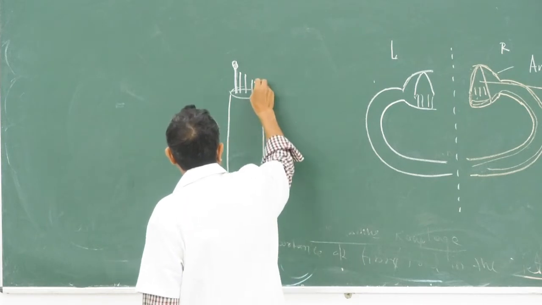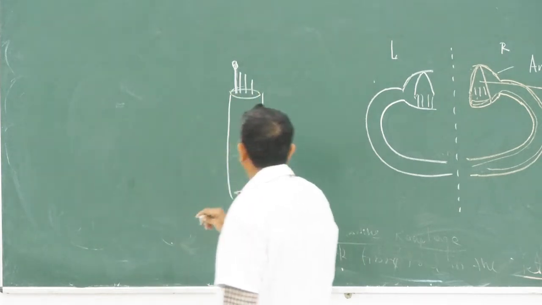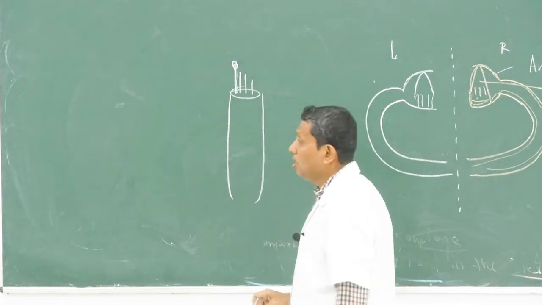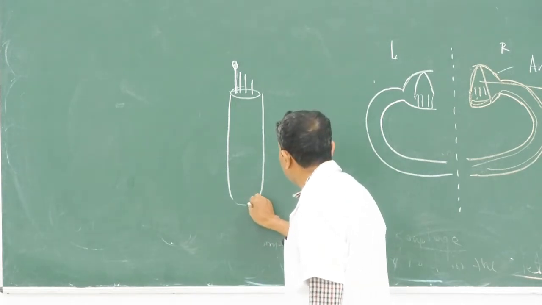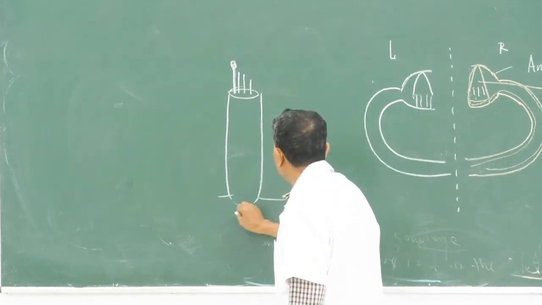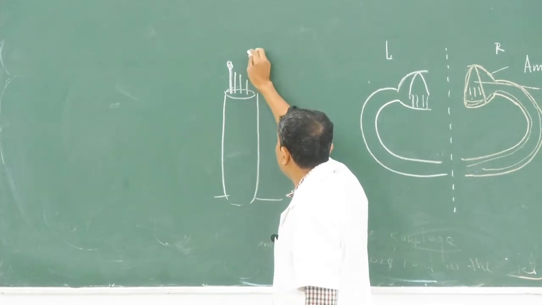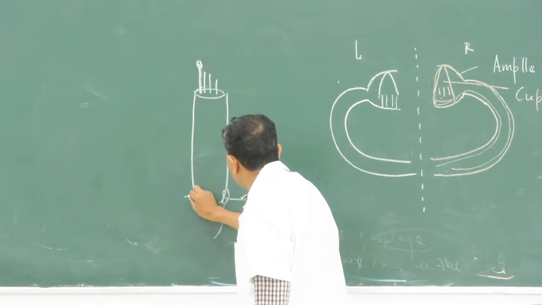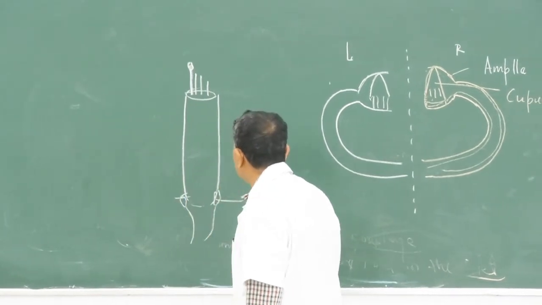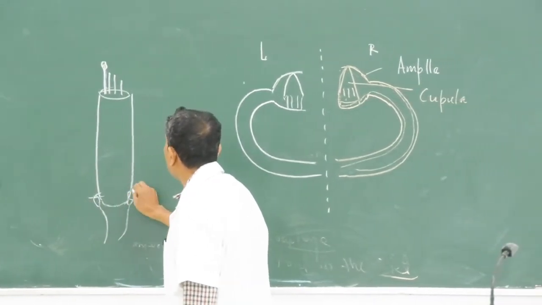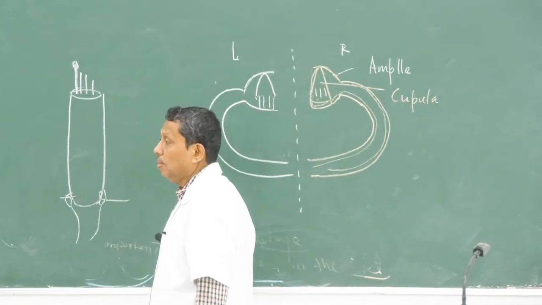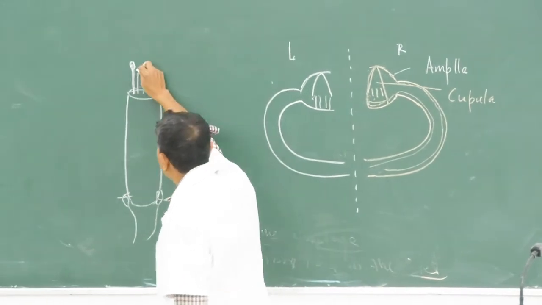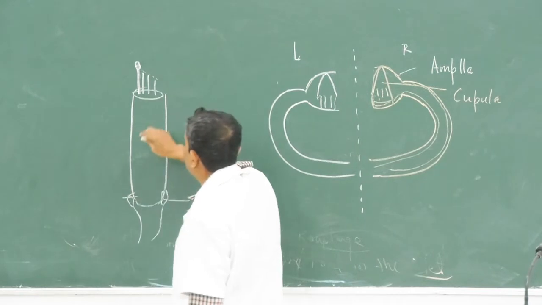It is the kinocilium and it is the stereocilium. And here at the end, it is the perilymph and it is the endolymph, and at the basal part they are the afferent neurons, situated in this way.